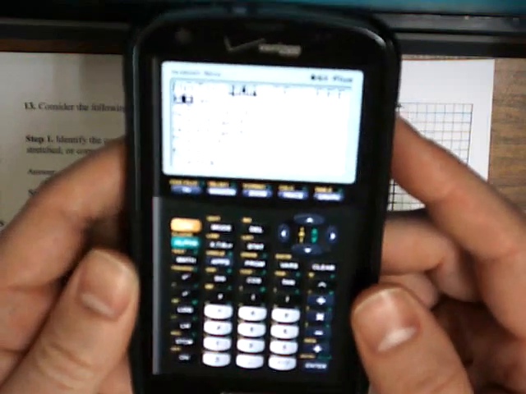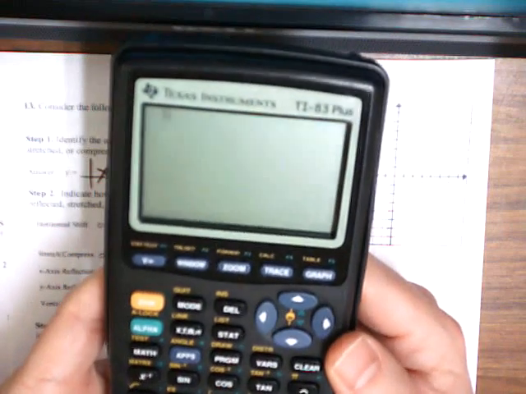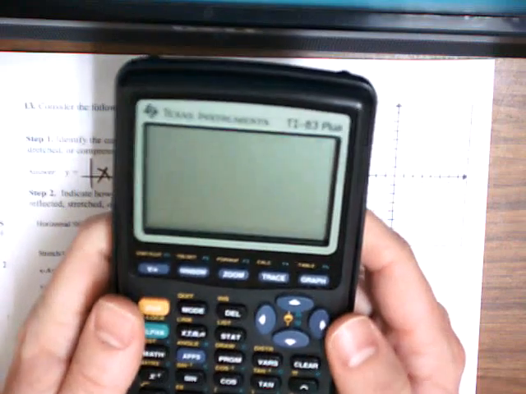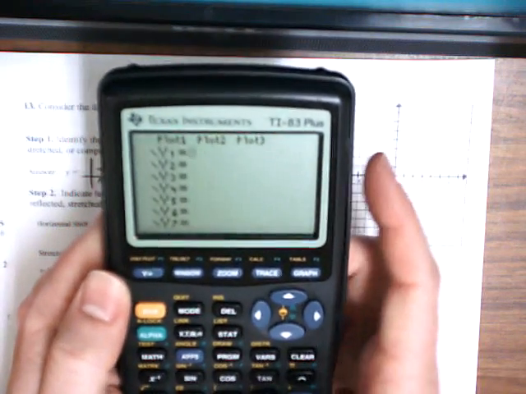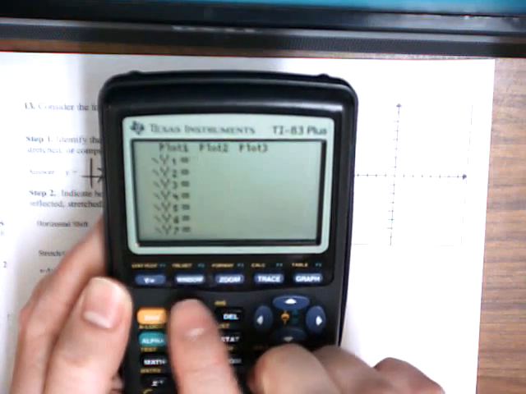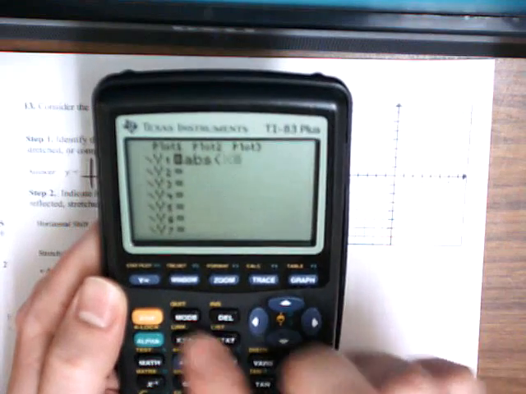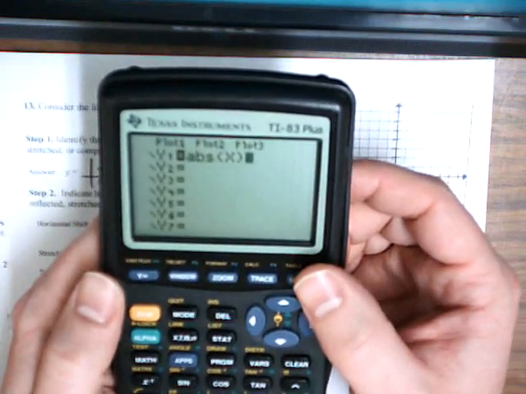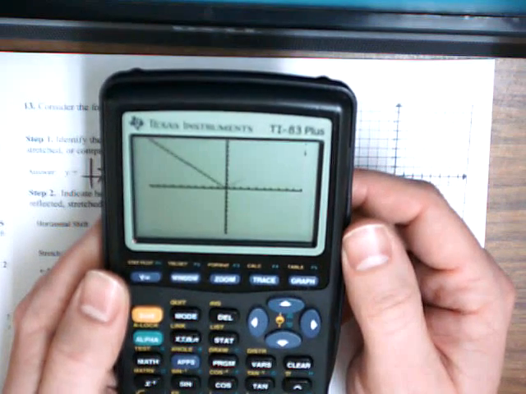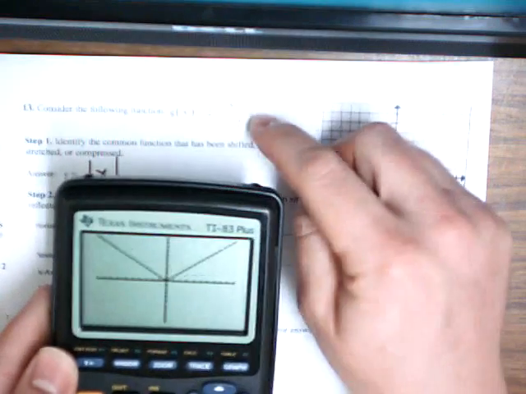So y equals, and you go to where I say math, num. Put our x in, and hopefully you all know it's going to be that v, right? The flying v, like that. That's what you're going to compare this graph to this one.